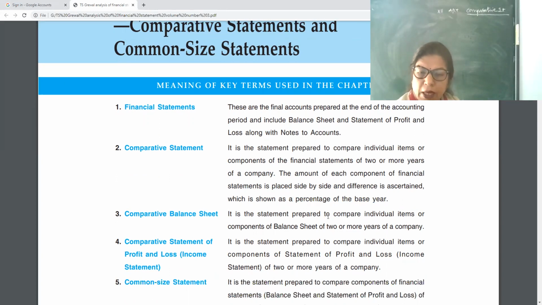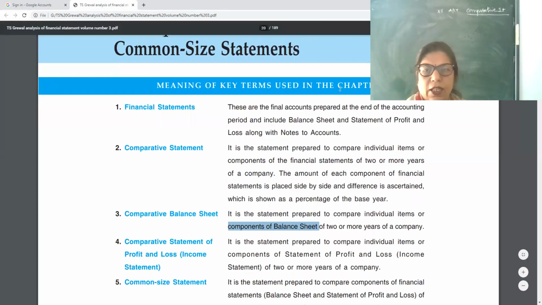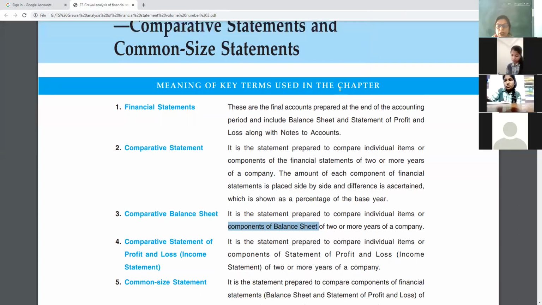First, comparative balance sheet, which is prepared to compare individual items or components of balance sheet of 2 or more years. What are the components of balance sheet, please? Yes, okay, I'll ask. What are the components of balance sheet, Tanmay? Tanmay Parik?